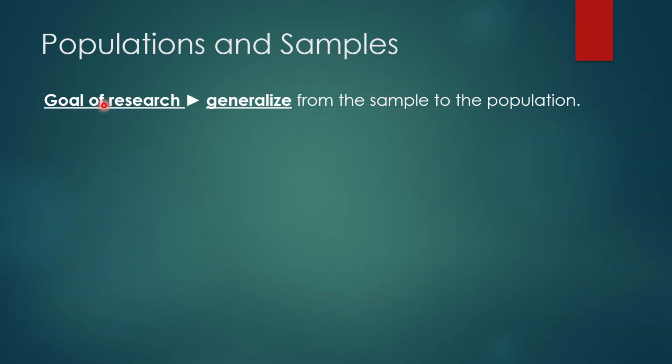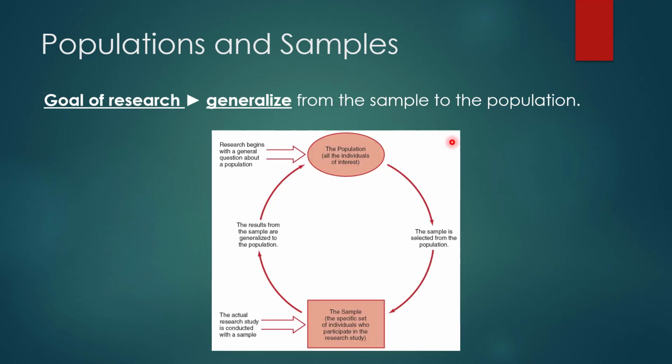So keeping in mind with our population and sample discussion that the goal of research is to generalize the sample to the population. I know we've talked about that previously, but it's important to understand that when we're doing an experiment, we want to determine cause and effect, so we have to make sure that the sample we select will generalize to our population of interest.